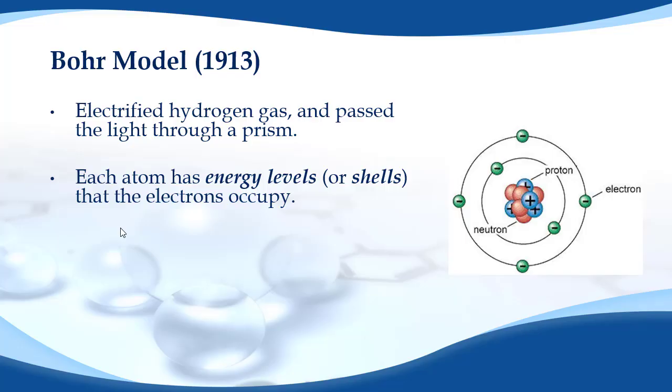So what we have here is our atom, in this case a carbon atom. The first 2 electrons occupy the first energy shell. The next 4 electrons occupy the second energy shell. Electrons can only exist in those exact shells, and they can't be anywhere else, right? So it can be in the first, second, third, fourth, or fifth shell, but it can't exist between shells.